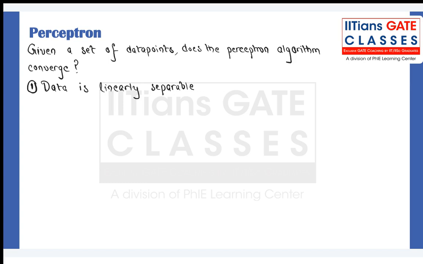Which also means that I claim that there exists a hyperplane. I'm calling it W star, which denotes the hyperplane that actually separates the two classes.